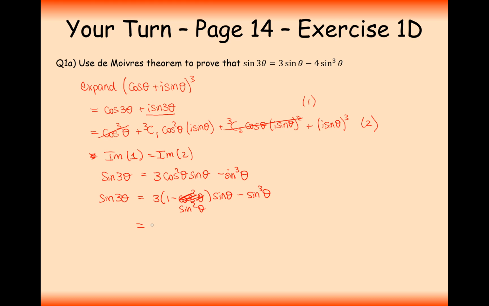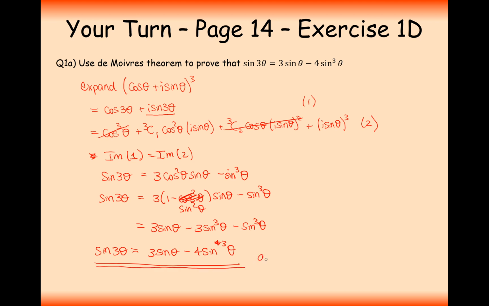Expanding the brackets, I'm going to get 3 sin theta, minus 3 sin^3 theta, minus sin^3 theta, and then simplify the last two terms: 3 sin theta minus 4 sin^3 theta, and that's still equal to sin 3 theta at the front there. So there we are. That is the answer as required in the question.